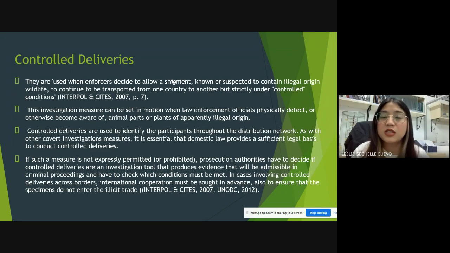If such a measure is not expressly permitted or prohibited, prosecution authorities have to decide if controlled deliveries are an investigation tool that produces evidence that will be admissible in criminal proceedings and have to check which conditions must be met. In cases involving controlled deliveries across borders, international cooperation must be sought in advance, also to ensure that the specimens do not enter the illicit trade.